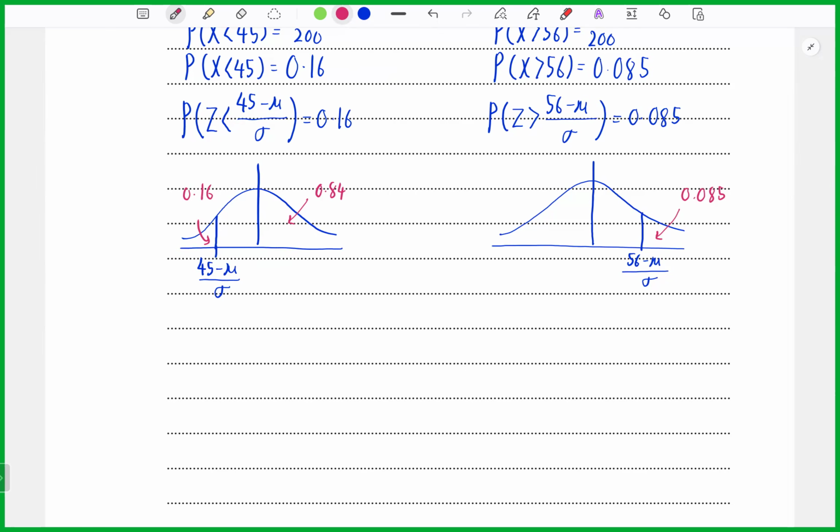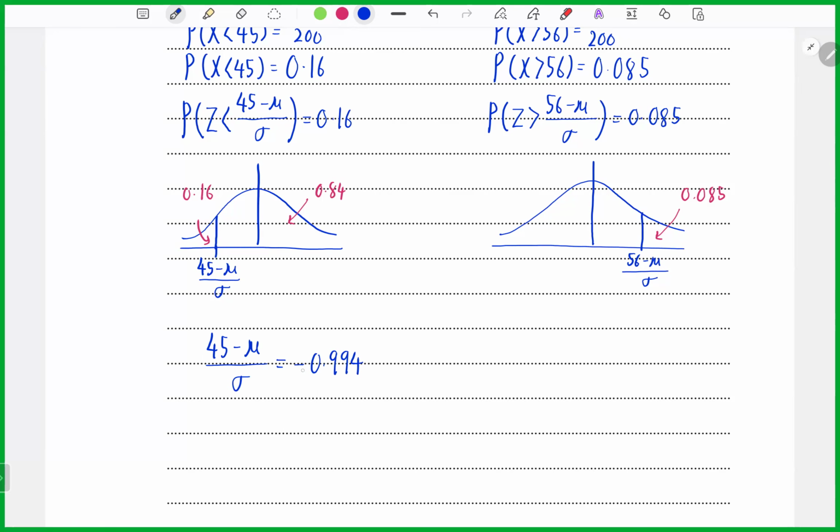So (45 minus mu) over standard deviation equals negative 0.994 here.